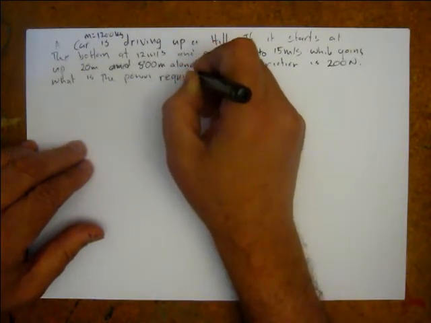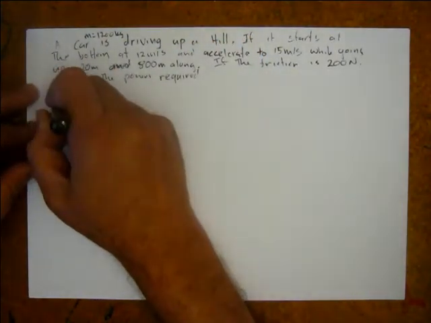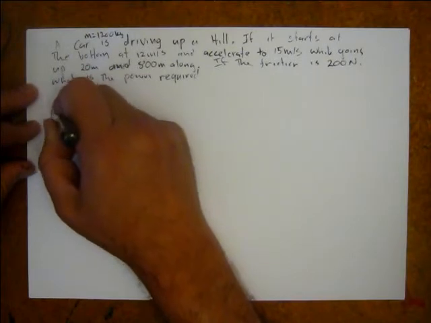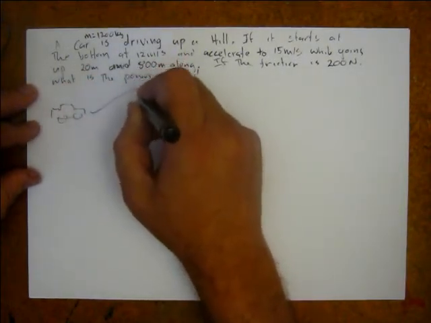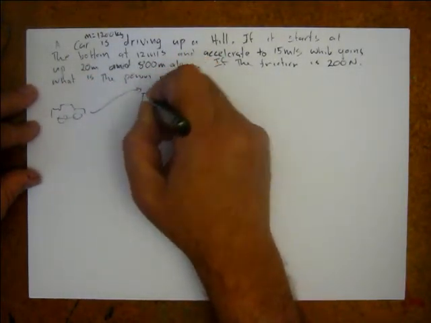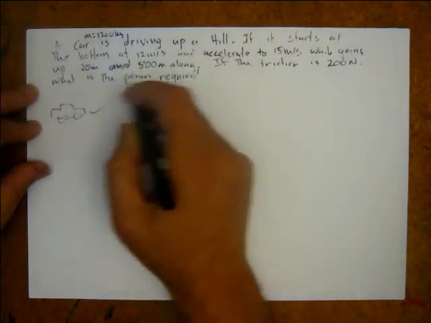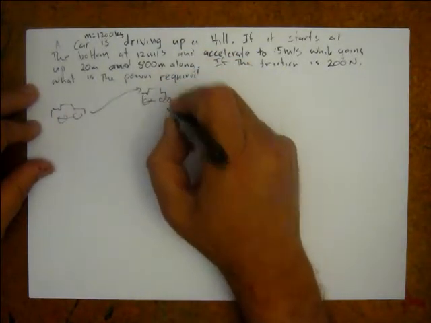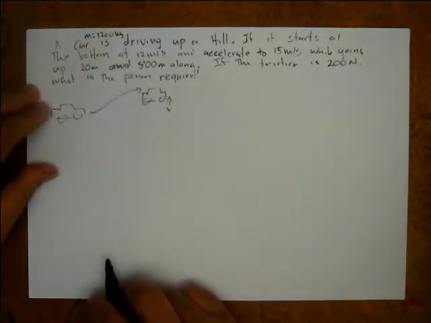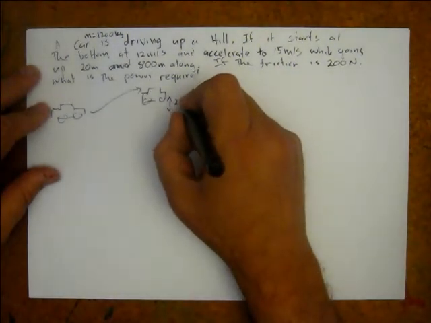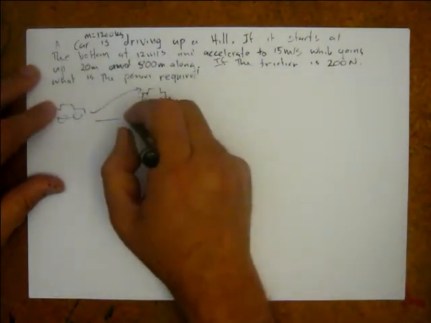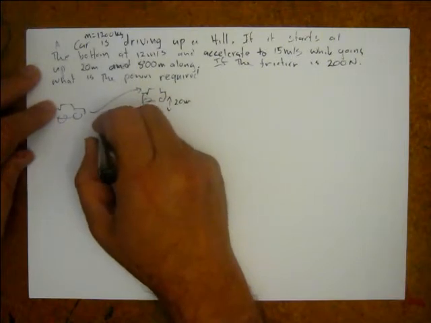A huge number of things. Okay, so first of all, let's draw a car. Draw a picture. It drives up a hill. It goes up 20 meters, and along 800 meters.